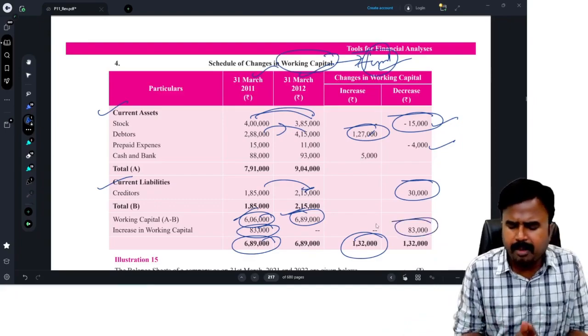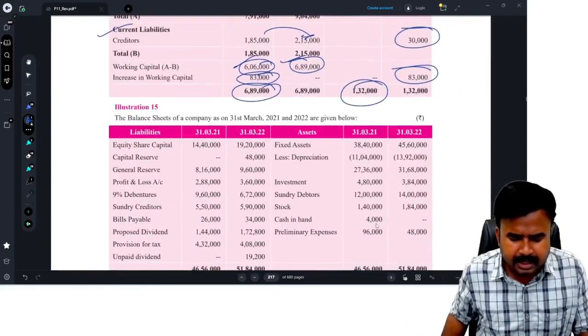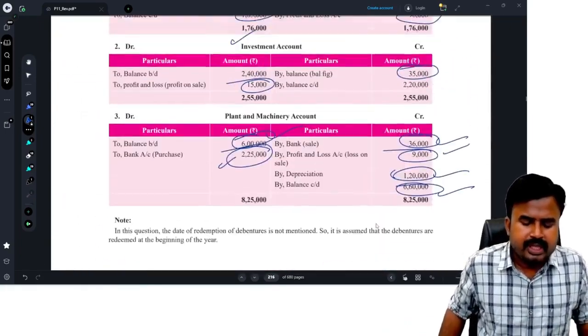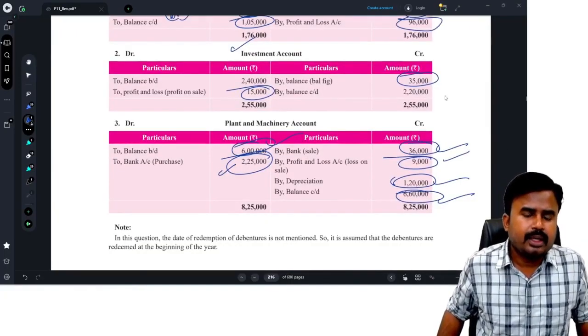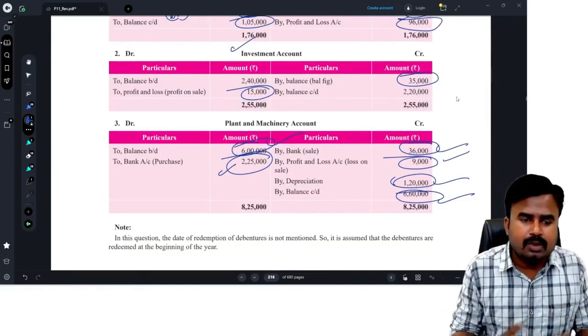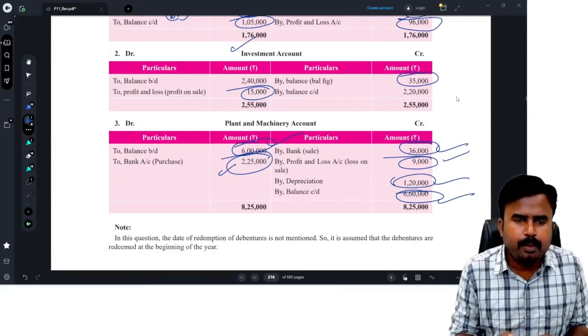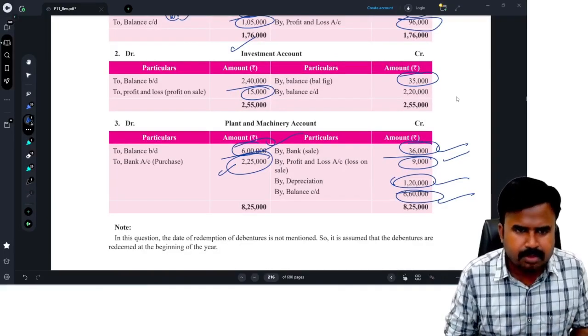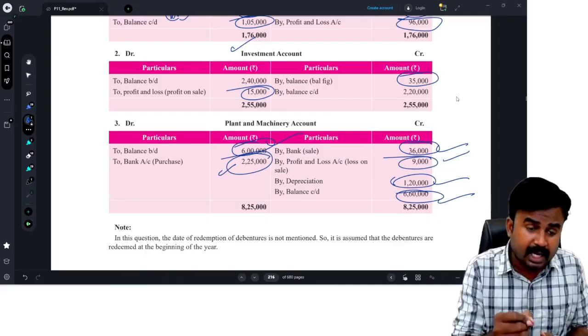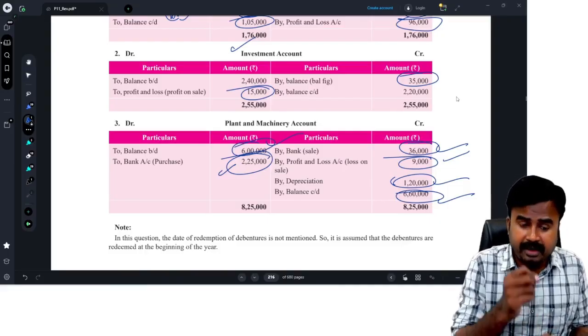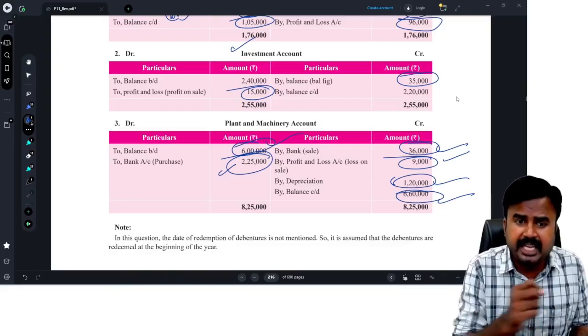So this is a format which should be prepared very carefully. Okay. With this, the cash flow statement is over. See, it's all about preparing accounts and preparing adjustments. So with my limited time, I've explained every point as much as possible. You please try to prepare every account, and you should prepare every adjustment, every working note very carefully. Why?